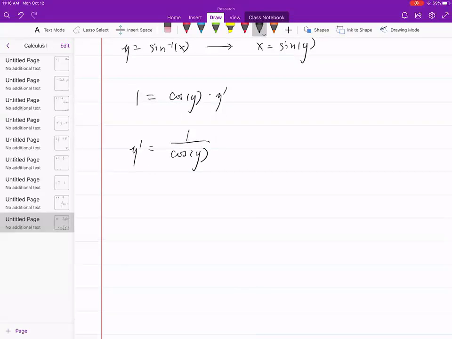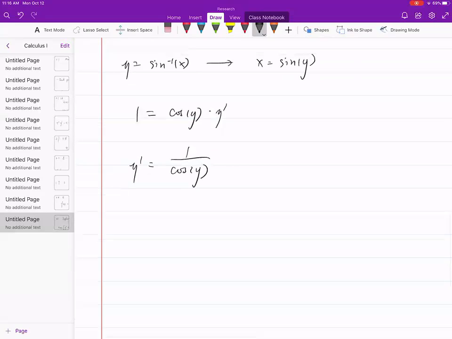The rest is trying to change this one to make it look nice. So technically, I want this one to be in terms of x. And I know x is sine y. So to get cosine y, I should take the square root of 1 minus sine squared y, which is the trigonometry identity with a plus minus. And eventually we will figure out this is going to be plus.